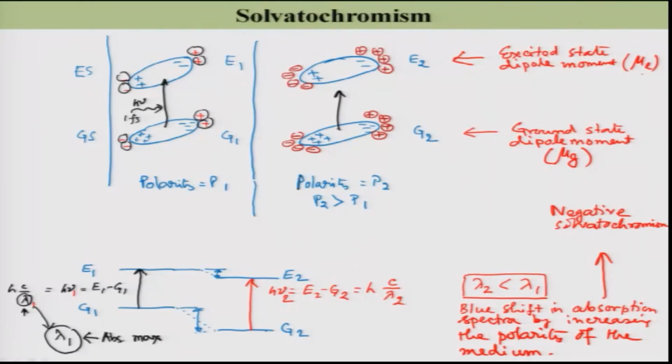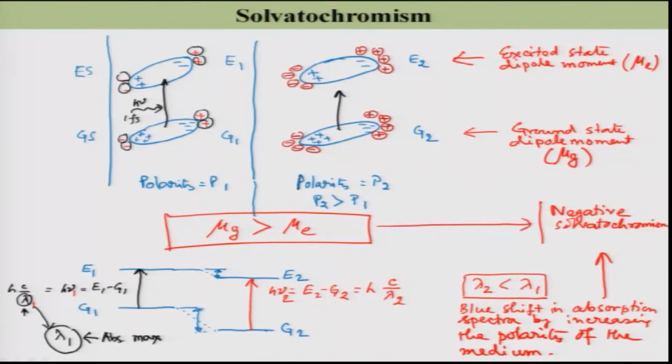In this case mu g is greater than mu e. So, in the big box let me write mu g is greater than mu e, and that leads to this negative solvatochromism.